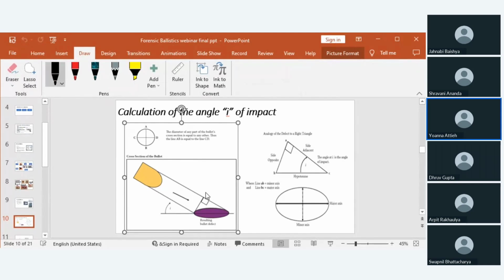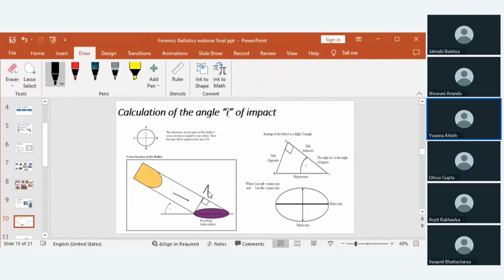So let's say this is A. This is B. And this is C. I want you to know that I is equal to this angle. Do you know why? Can someone explain why? Because these angles, guys, are corresponding.